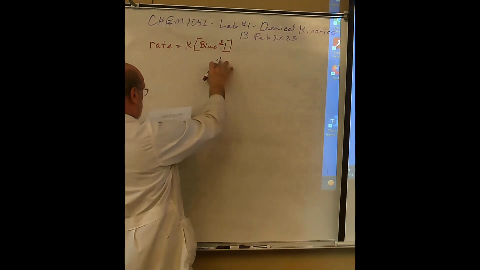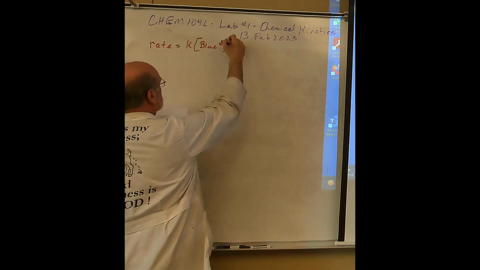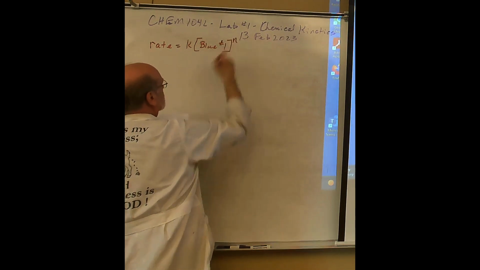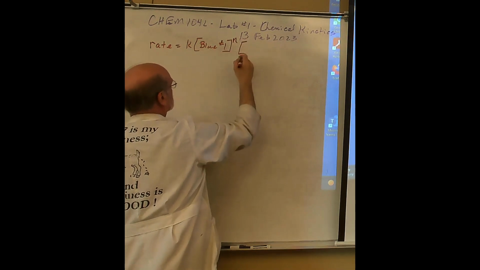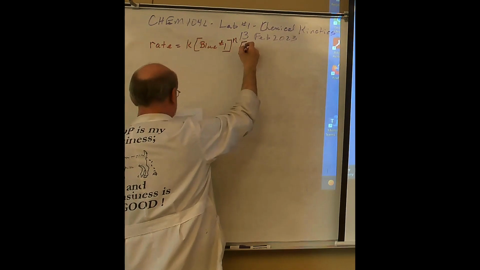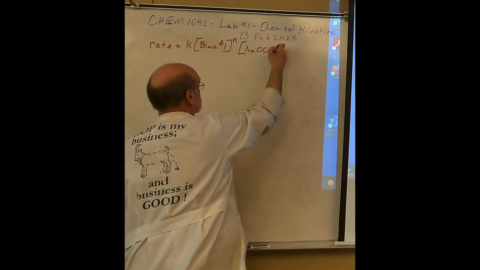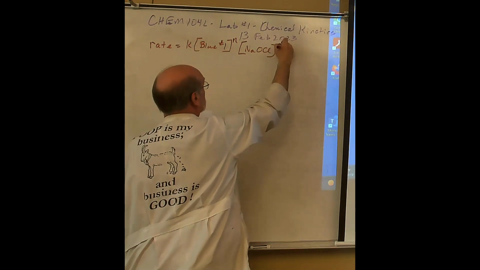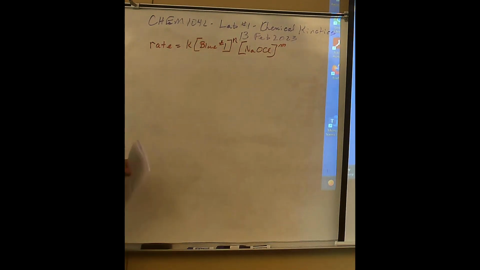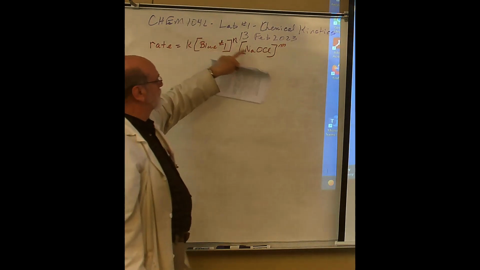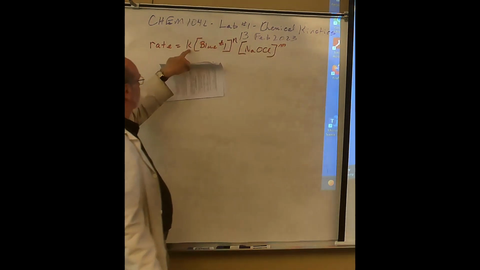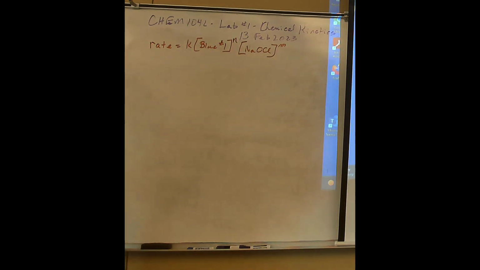So that term, and then we got a value there. And then we have bleach, or sodium hypochlorite, actually. We want to know the actual concentration of sodium hypochlorite to its order. That's what we're aiming for. We want to find this and that. So how are we going to get at each one?